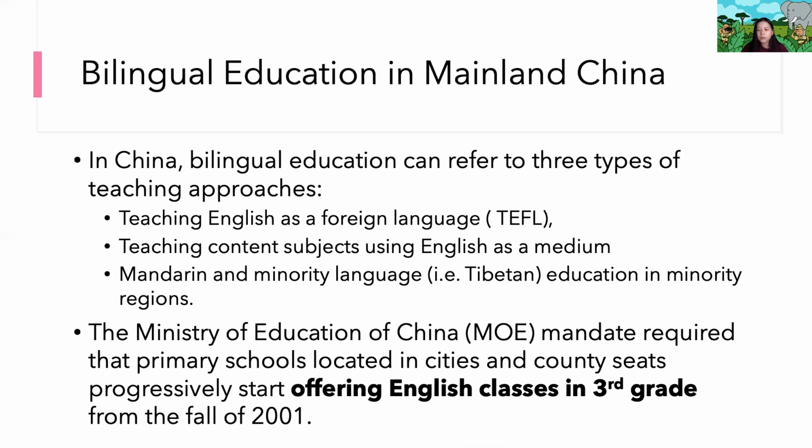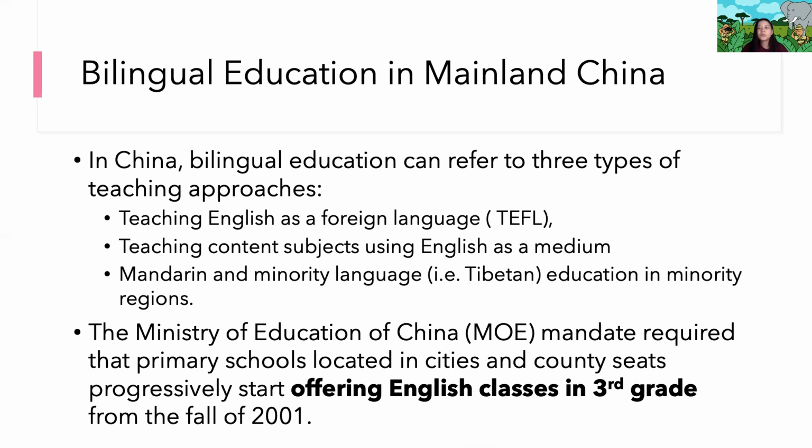From fall of 2001, the Ministry of Education of China, MOE, mandated that primary schools located in cities as well as counties start offering English classes in 3rd grade. So since then, students from 3rd grade to 6th grade, which is the elementary level, have English classes.